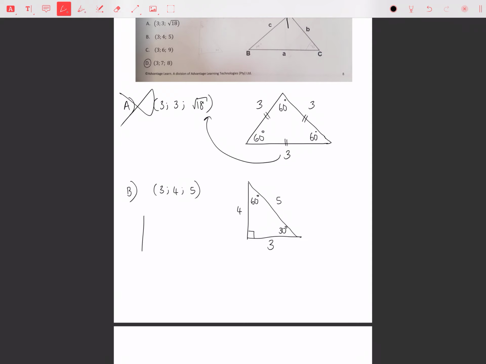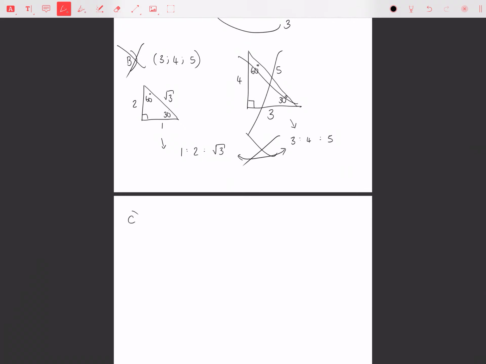Now, you've learned that your special triangle, which is your 60, 30 triangle, has the sides 1 is to 2 is to root 3, or could be an enlargement of that. So these sides are in the ratio 1 is to 2 is to root 3. Now here we've got that the sides are 3 is to 4 is to 5. Are these ratios the same? No, they are not, which means that this 60 could not happen, so that's not a 60 degree triangle.